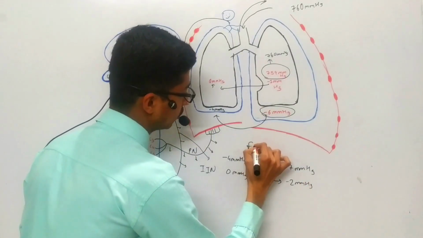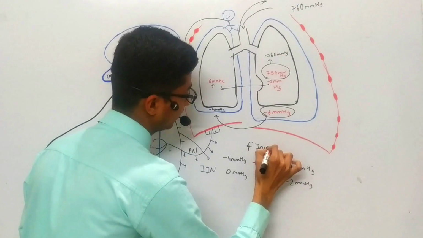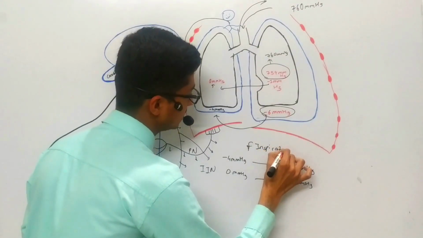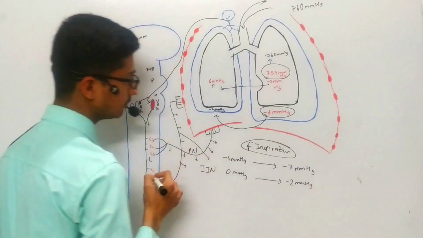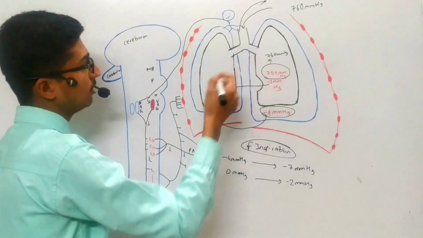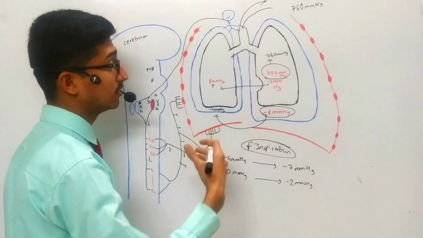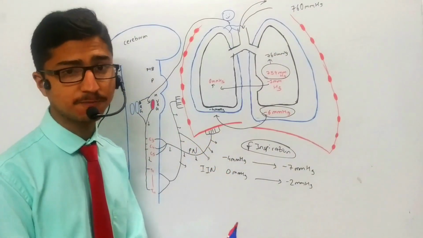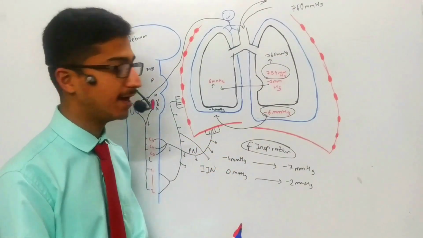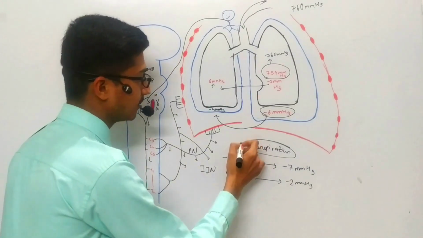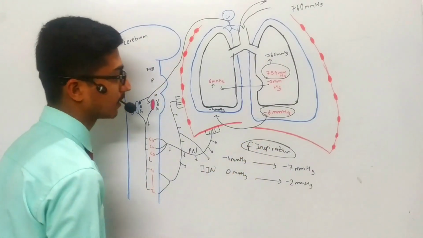This is during forced inspiration. Mark well, we are talking about forced inspiration. According to the law of diffusion, the air moves inside the lungs, but this will be a very speedy movement of air because this is forced inspiration.